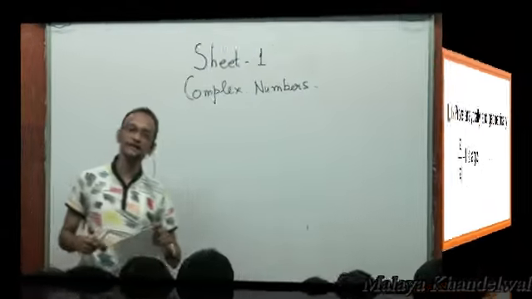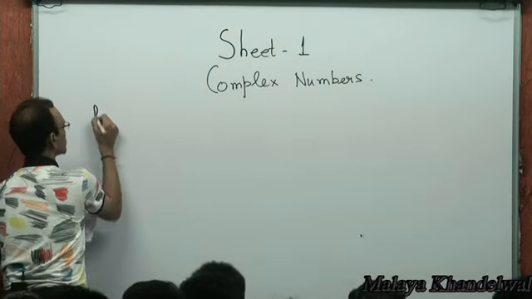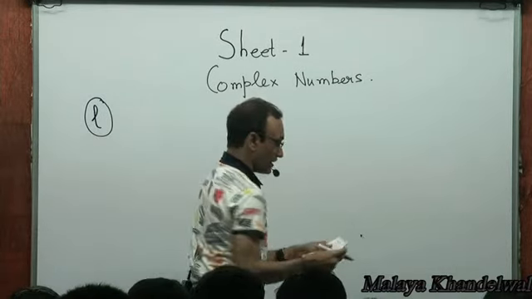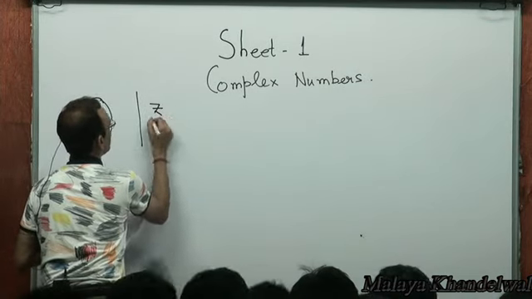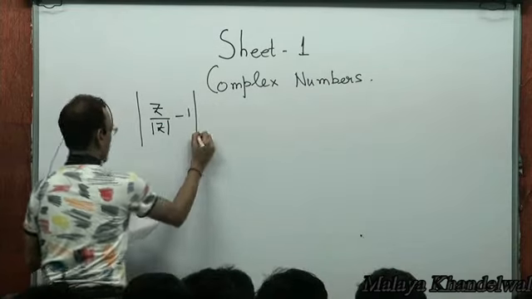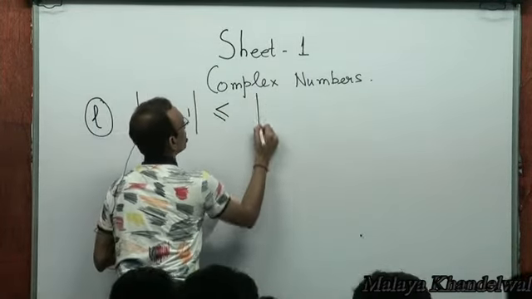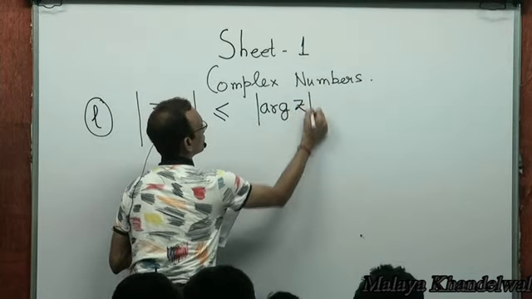Let's look at L then. Problem number L is about mod of Z by mod Z minus 1 being less than or equal to mod of arg Z. Right?